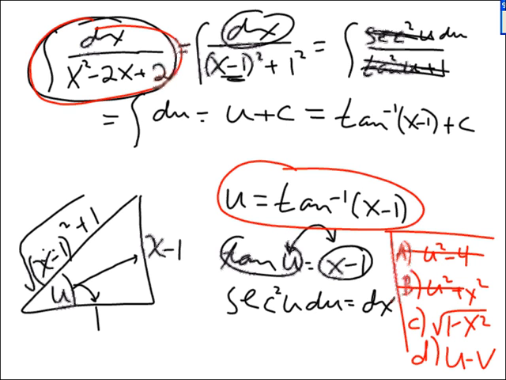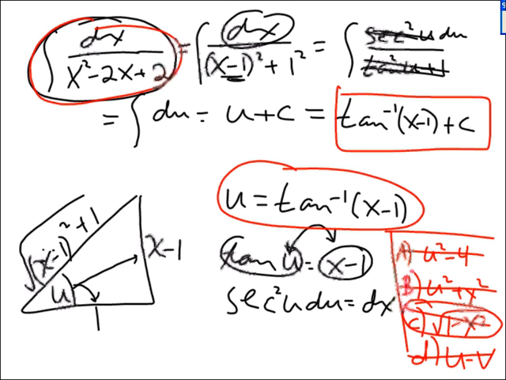The answer is not B because it has u's in it. The answer is not D because it has u's and v's in it. The answer would have to be C. Of course, that's also wrong because this is the right answer. But what I'm saying is, this is insane to leave as your answer.